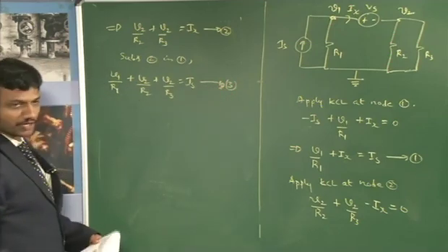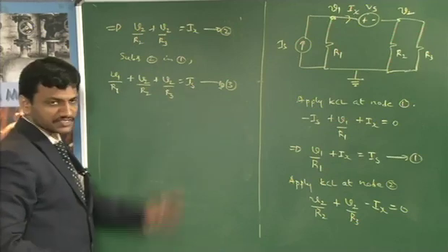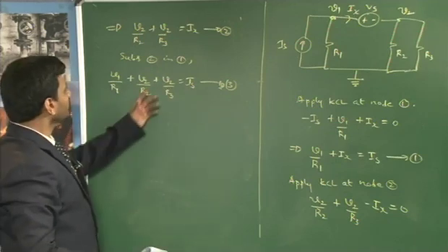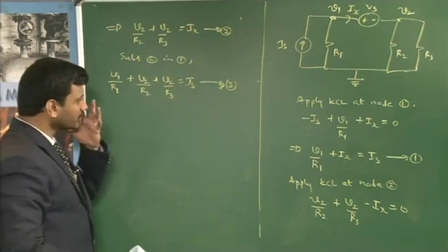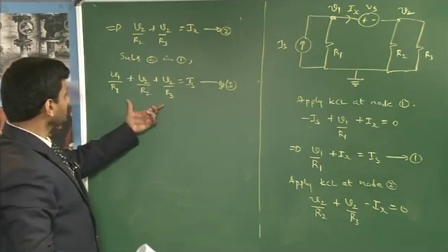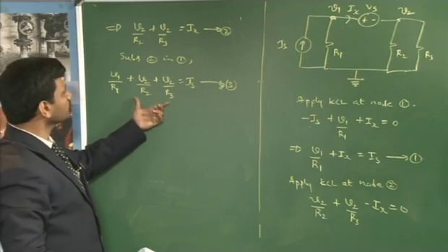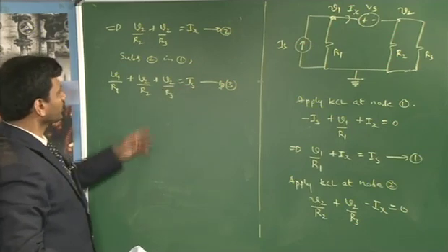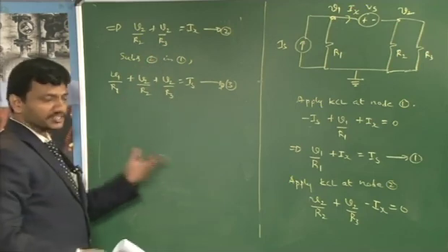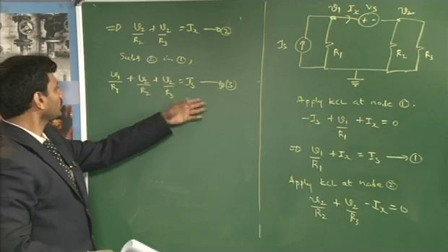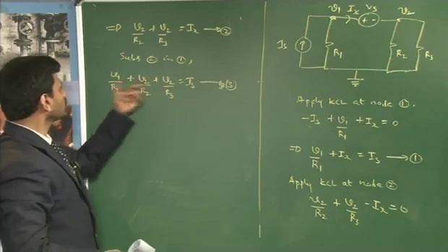Now, what we should not say is that there are 3 equations and 3 unknowns, where the unknowns are V1, V2 and Ix. That should not be said, because this equation has been obtained from 1 and 2. So when we write this, 1 and 2 become redundant. So, we need to find some other equation. Now, in this equation there is one equation and 2 unknowns, V1 and V2.